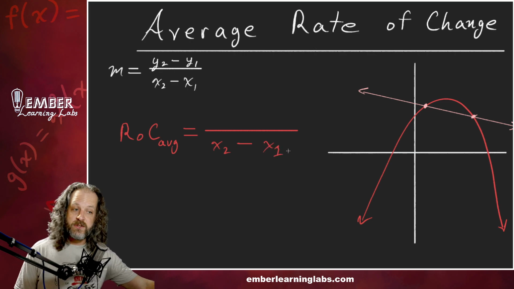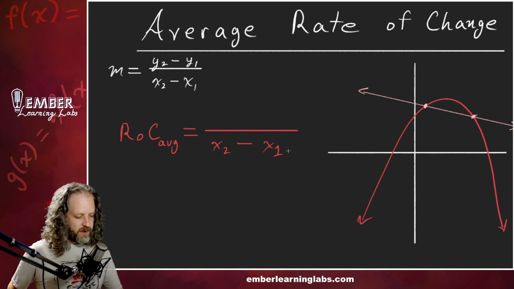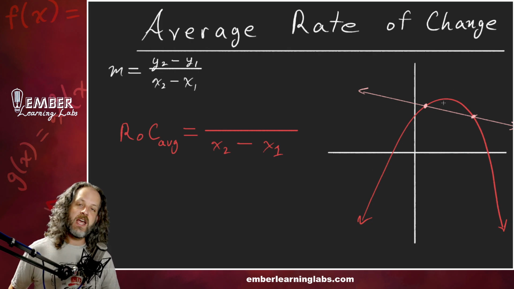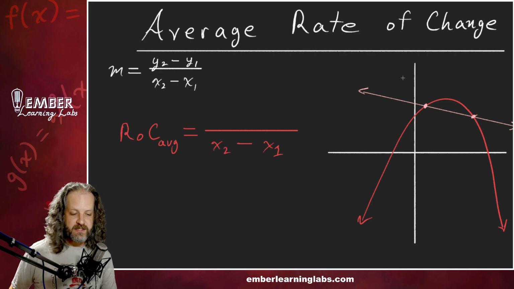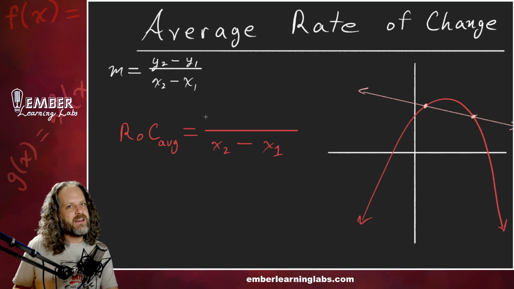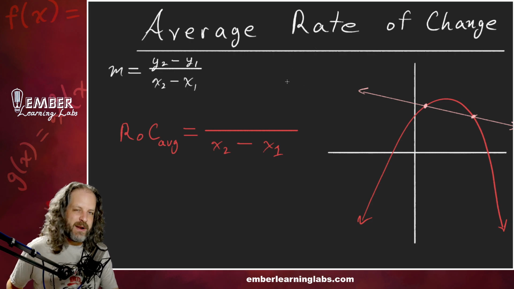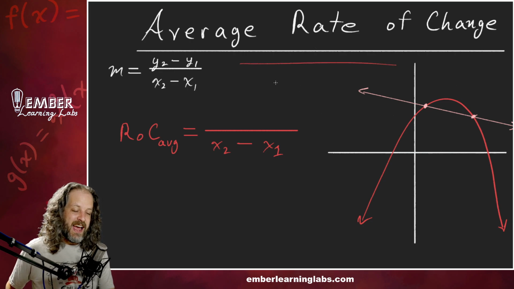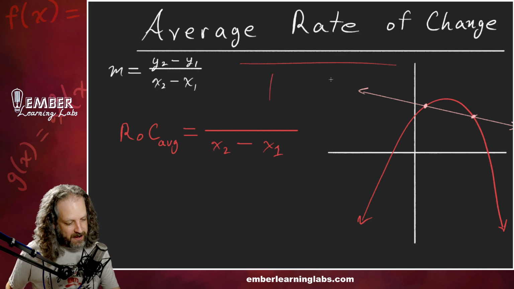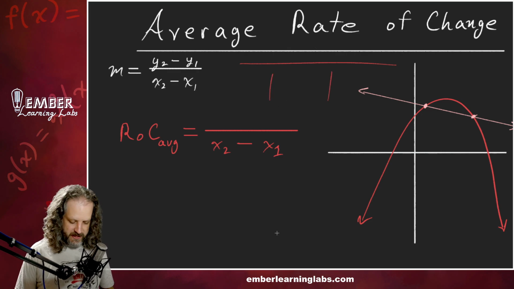Easy peasy lemon squeezy. For the y part, we have to take into account the shape of the function. It's not just the y minus the y, but I mean, it kind of is. We probably don't know these numbers right off the bat. We're probably not given just two points. We're probably just given a function and a range of values. You'll see when we do this in an example.